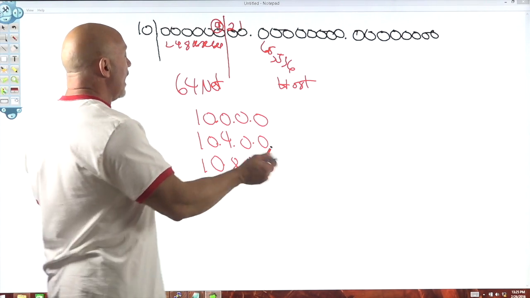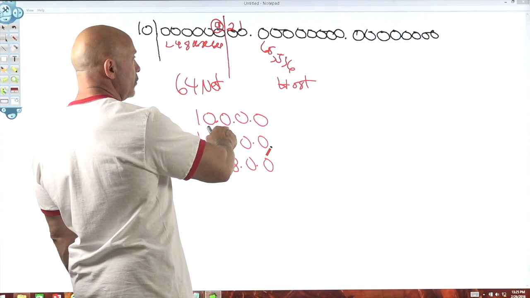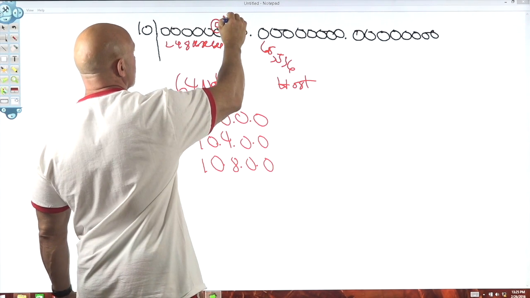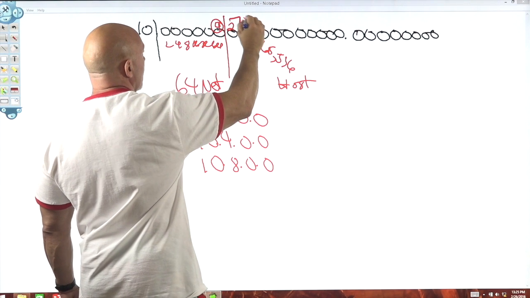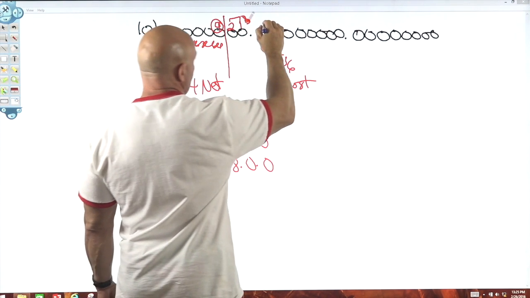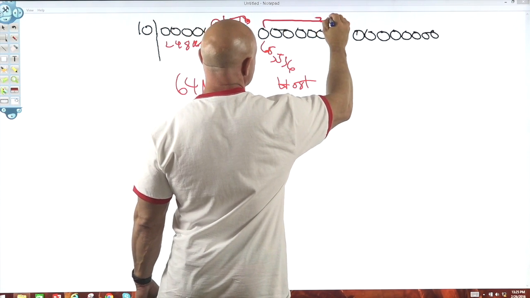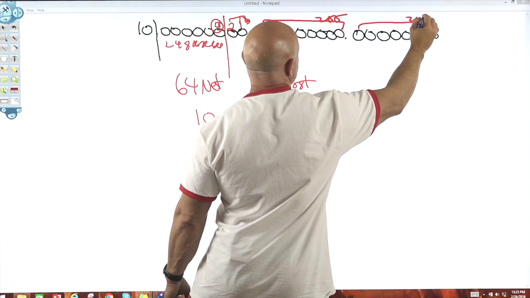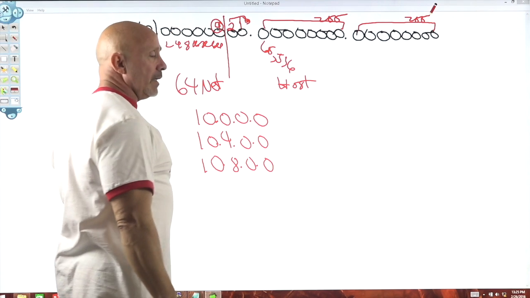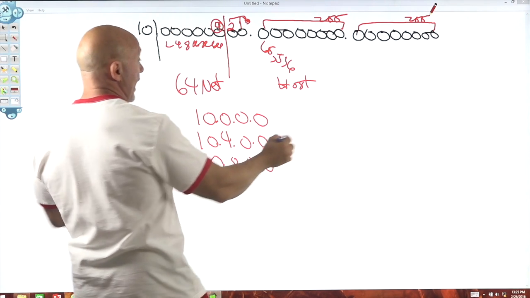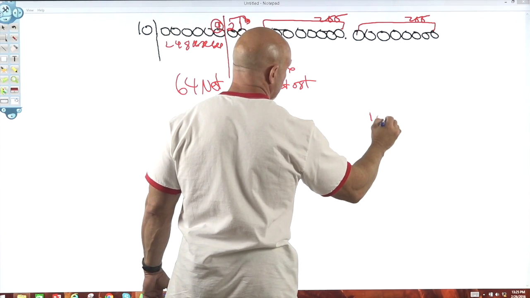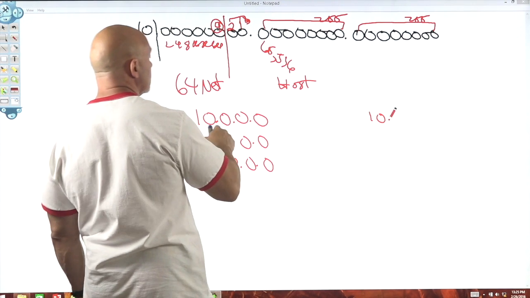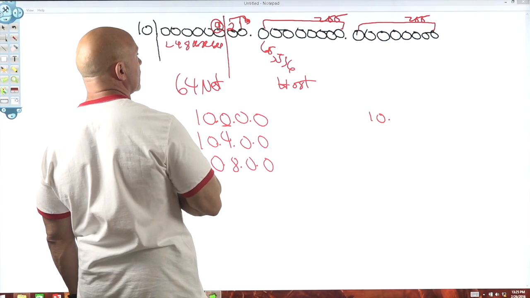All right? Now, what you could do is add this, that's 3. Add this, 255. Add this, 255. All right? So what do we have? 10, 0, second octet.